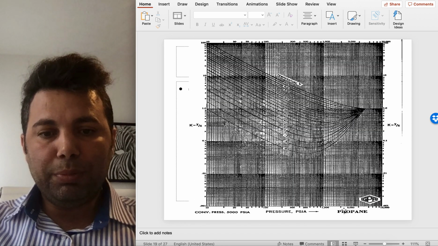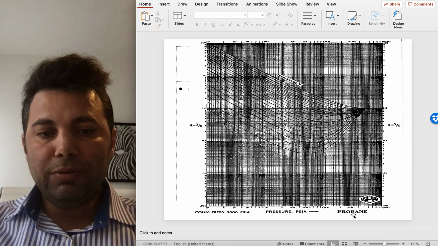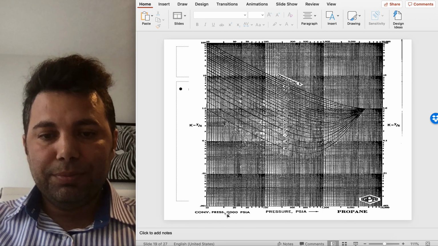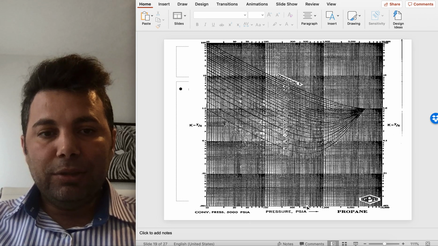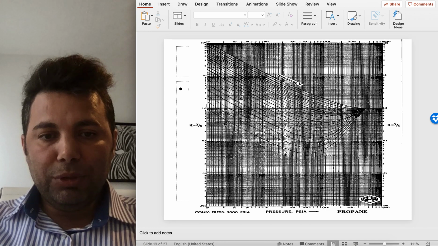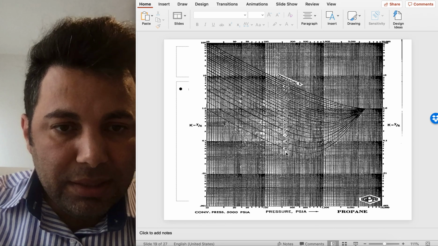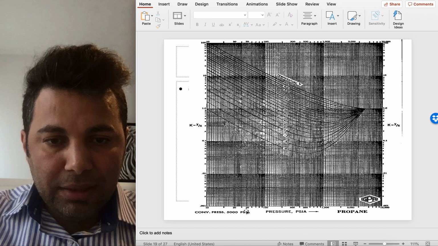So this is for propane. For a convergence pressure of 5,000 psi, for the pure component propane at any pressure, the x-axis is pressure, and I can read the K value at different temperatures. On these graphs, I have the temperatures. Let's say the temperature is minus 60 degrees Fahrenheit, and on the pressure axis this is 10, this is 100, this is 300, 400.